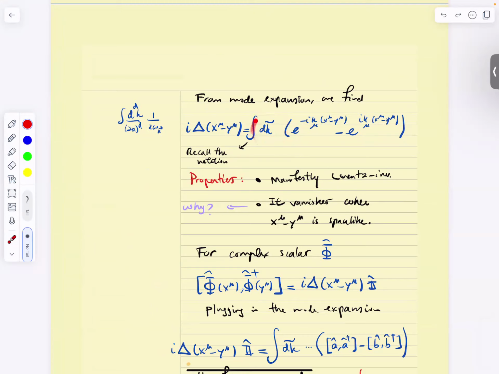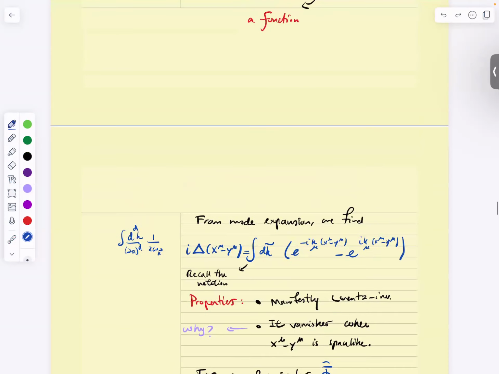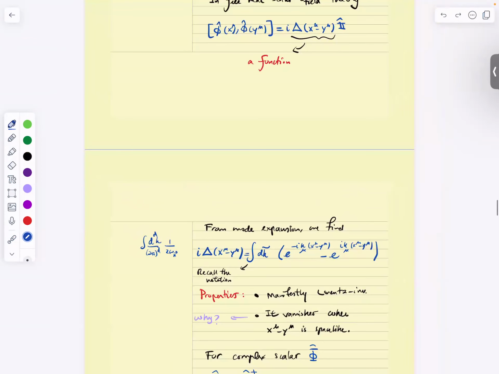This is the covariant measure, and e to the power of minus i k_mu (x^mu minus y^mu) minus e to the power of i k_mu (x^mu minus y^mu). Is it clear what I'm doing? So the commutator has two terms in it. The first term is phi(x) phi(y). It gives you this.